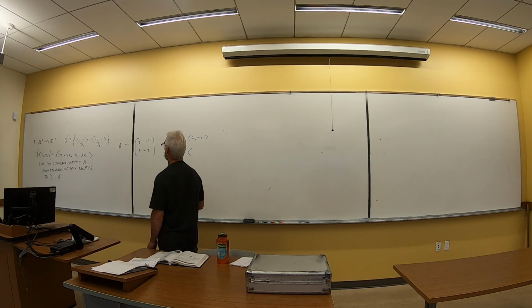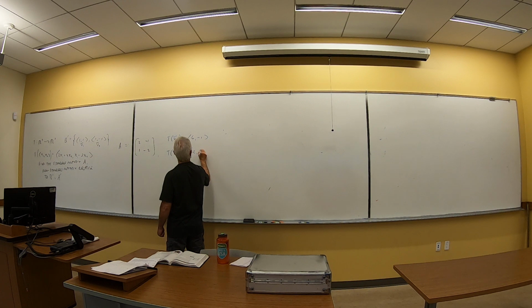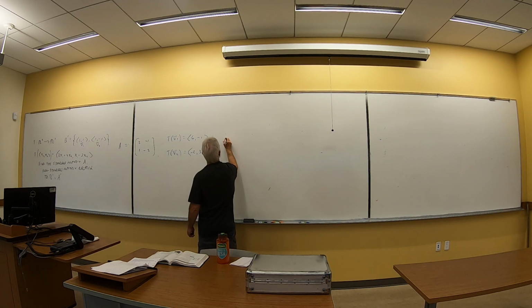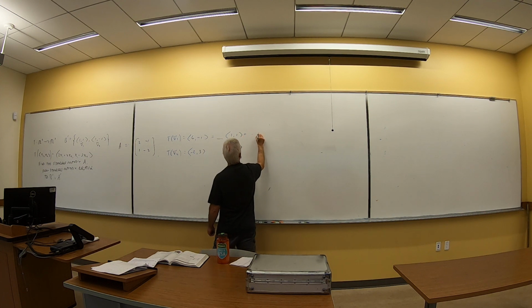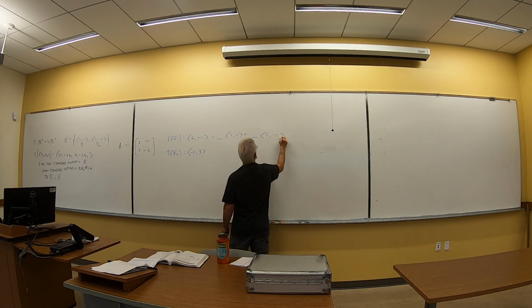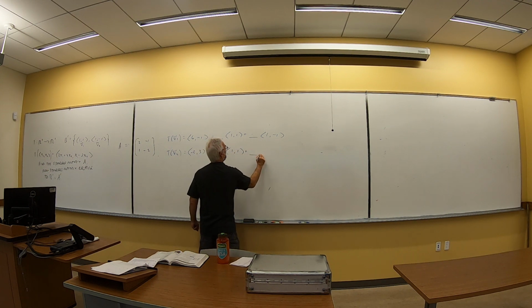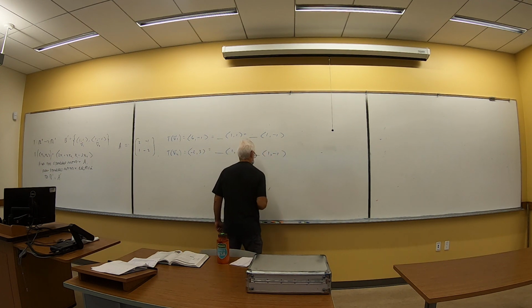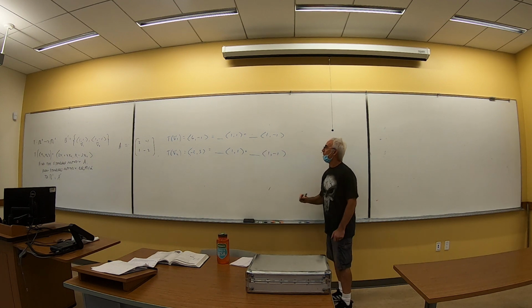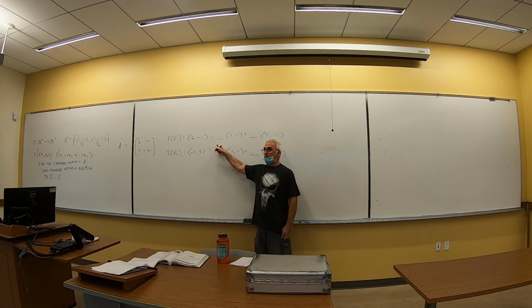So -2, +3, good. Now what I need to do is write this as something times 1, 1 plus something times 1, -1, and then the same thing here. So C1 of these plus C2 of these gives me this.